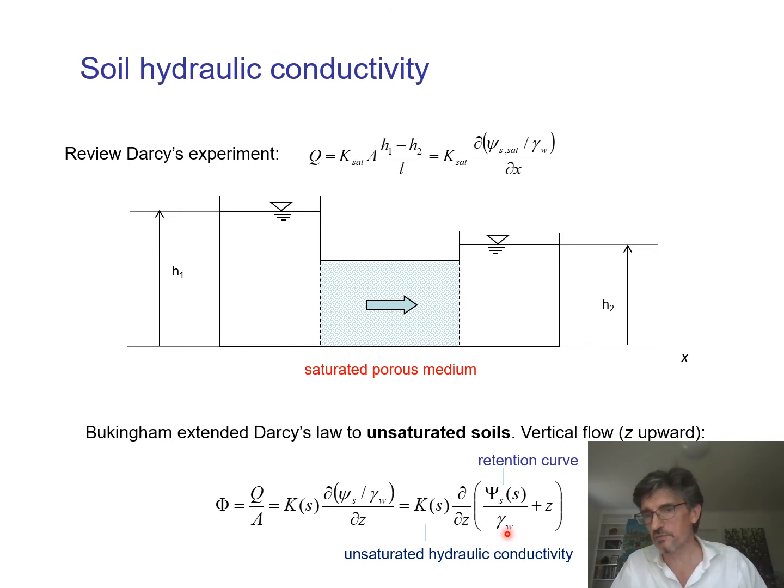This has already been divided by gamma W, that's why you have only z here. This is the gravitational potential. In front of this, of course, there is the unsaturated hydraulic conductivity. So the flux, according to Buckingham, in unsaturated soils is the unsaturated hydraulic conductivity times the gradient of the soil water potential, the matric plus the gravitational.